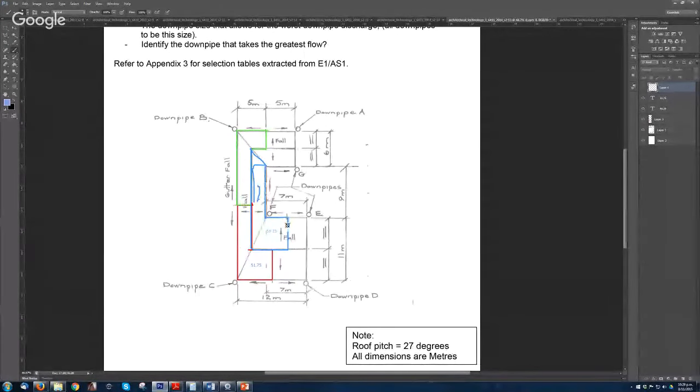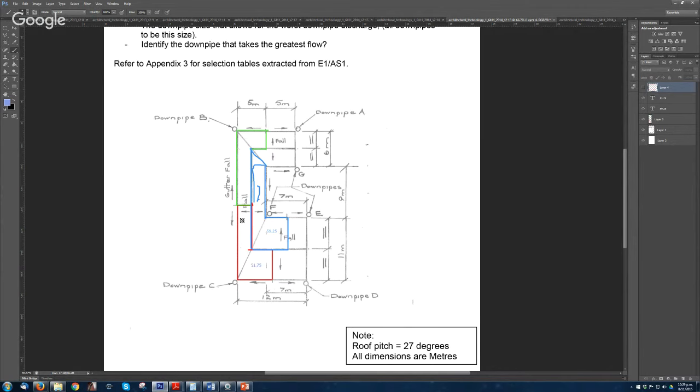So by knowing that's the biggest catchment that the gutter needs to have, that's why you size it for just this one. Because if you get 100 by 80, you know you can catch this water. So that size is going to be enough to catch the 51 as well.